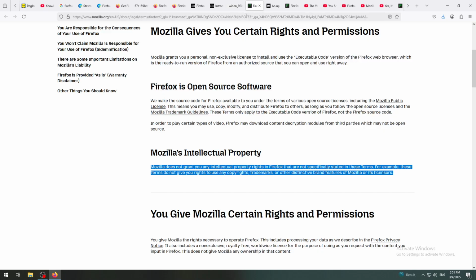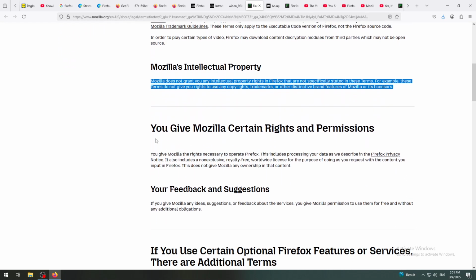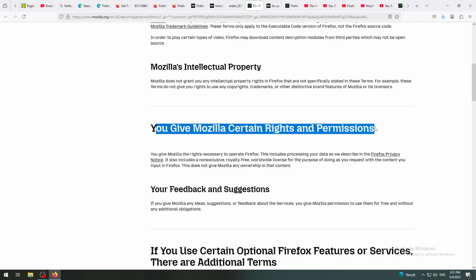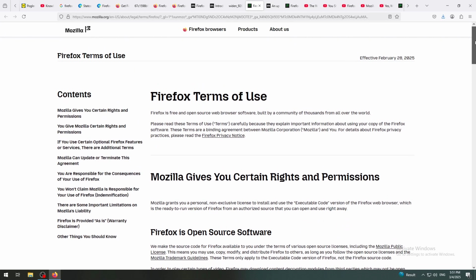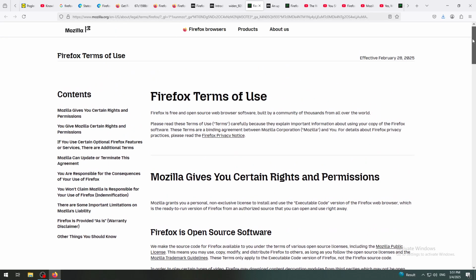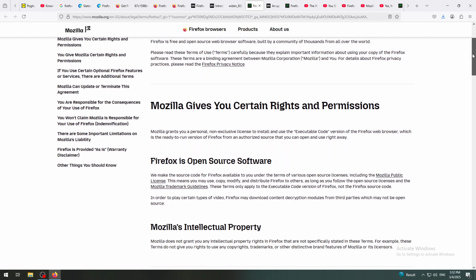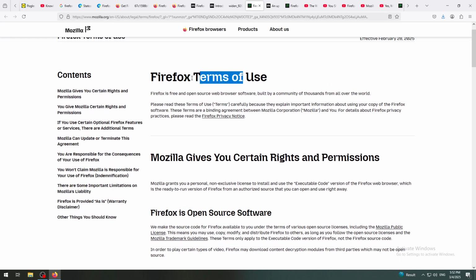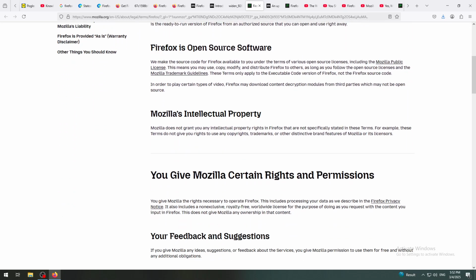With all due respect, it's normal to be pissed off, and that's what they put in this paragraph, which is the fifth from the top in the Firefox terms of use. So fourth if you don't count this one. This is 1, this is 2, this is 3, and this is 4.